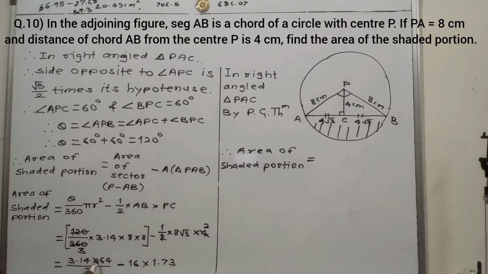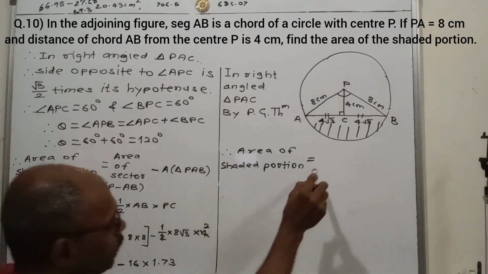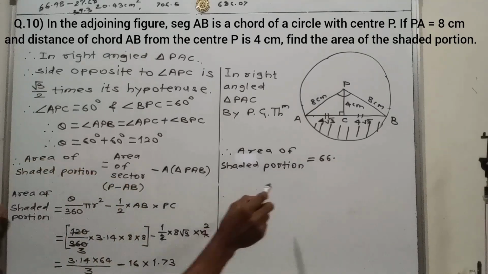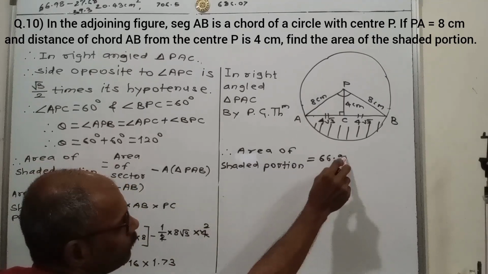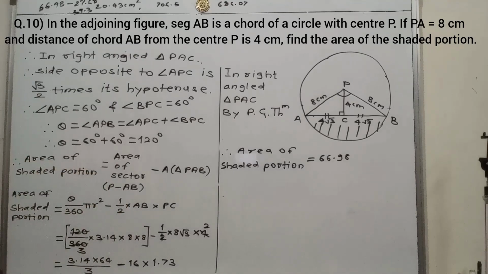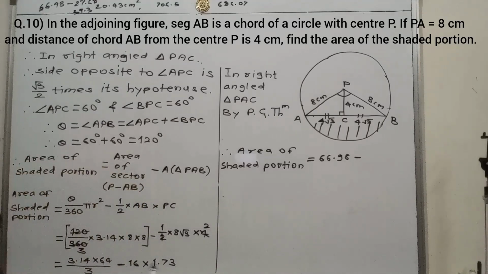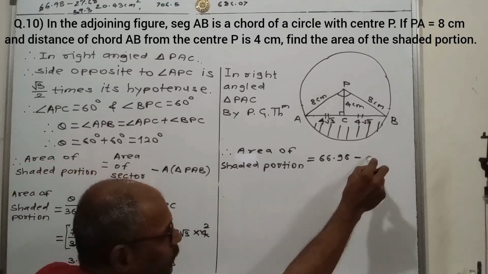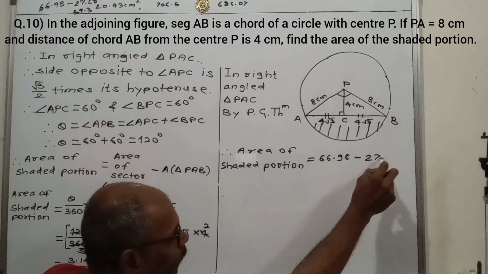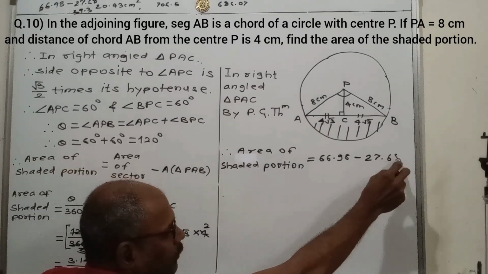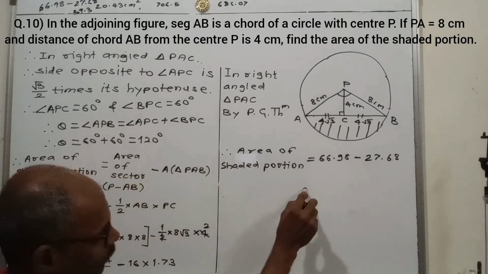Product of this 2 upon 3, that is 66.98, and minus product of this 2, that is 27.68.